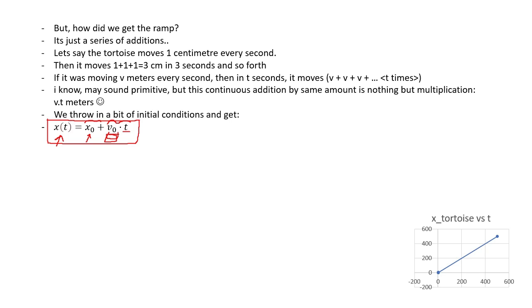So we have v naught times t, right? So that's the basic equation of motion of a particle with uniform velocity.